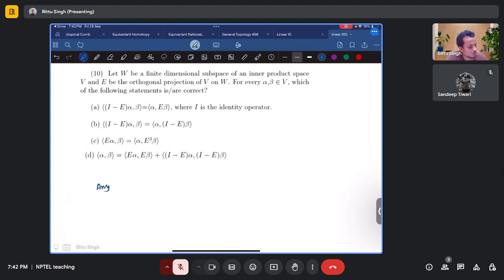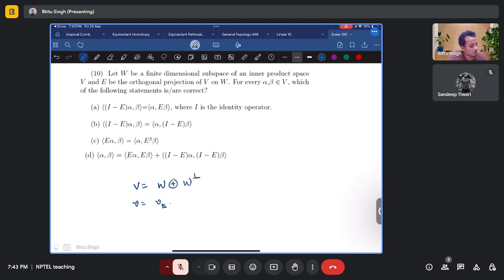So we have W as the range of E, right? And we can write V as the direct sum of W plus W perp. Therefore, any vector V can be written as the component of V on W plus the component on W perp.